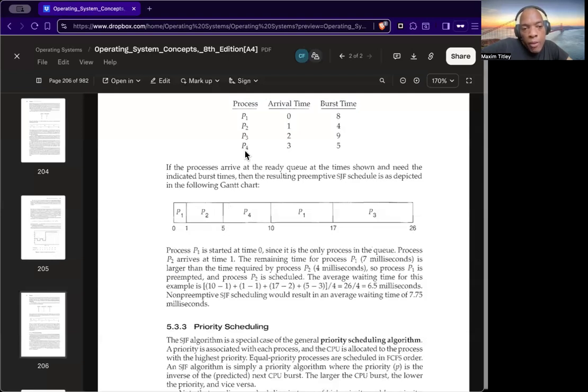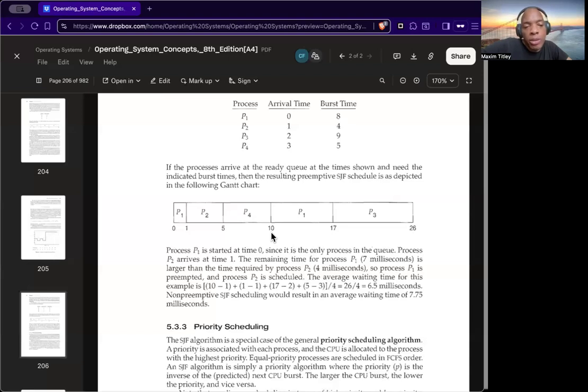So now, by the time we get to 5, all of these guys have arrived. So now, who's the next shortest after that 4? It's going to be process 4 with 5 burst cycles, or a 5 millisecond burst cycle. So now process 4, since it's the shortest remaining job, is going to run.